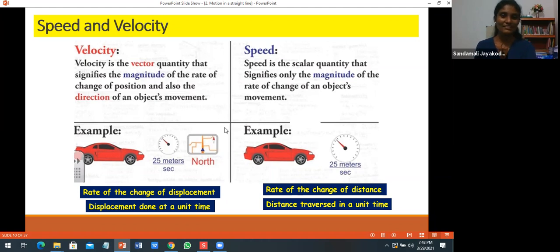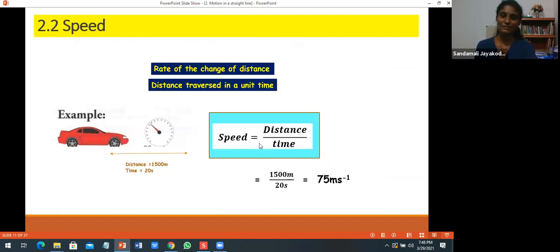So here, velocity is the rate of change of displacement. Speed is the rate of change of distance. And then we were discussing some questions on how to calculate the speed and the velocity. We learned that we can find the speed by dividing the distance traversed by a particular time.